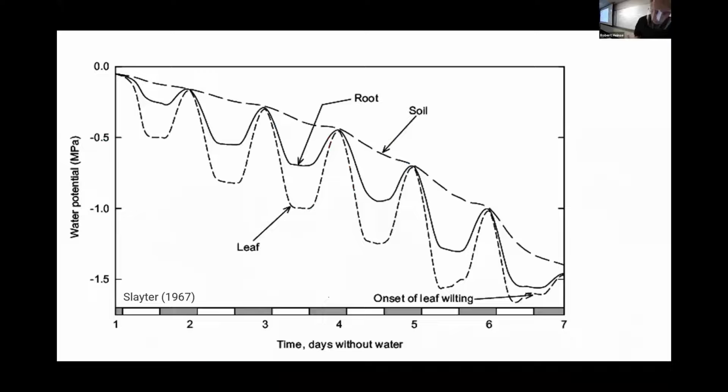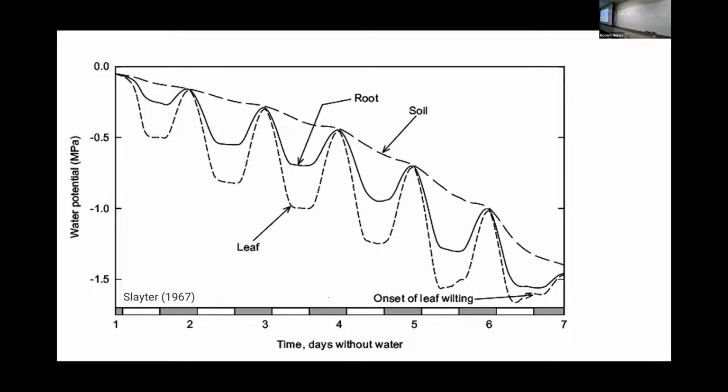The other part of the story, of course, can be highlighted with this one. This is a pretty famous graph, and it shows potentials for the soil, for the root, that's the solid line, and for the leaf, which is the dashed line. What they did here is they took an already established plant, and they just stopped watering it. And then they looked at how these potentials change over time, looking at 7 days of that plant going to almost dying.